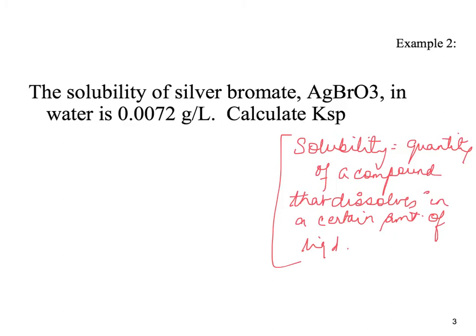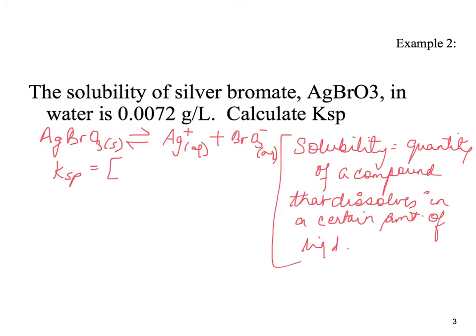We have to calculate the KSP. So we have our equilibrium, first of all, AgBrO3, which is a solid. It is in equilibrium with silver, aqueous, plus bromate, which is also aqueous. And we have to determine KSP.